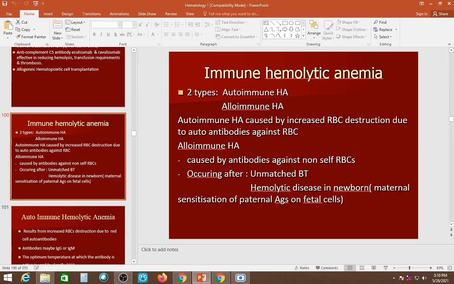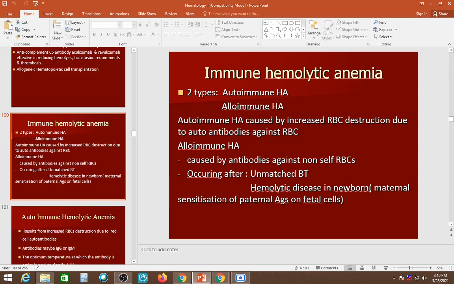Last time we talked about immune hemolytic anemia. When we classify hemolytic anemia, I told you intracorpuscular defect and extracorpuscular defect.